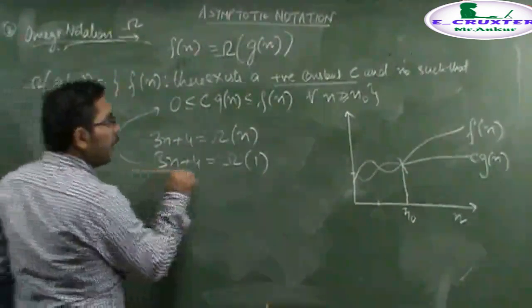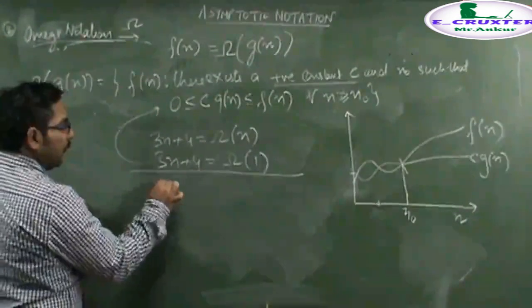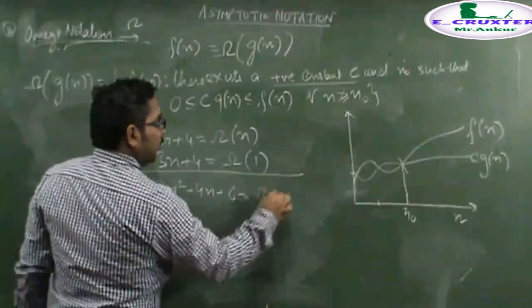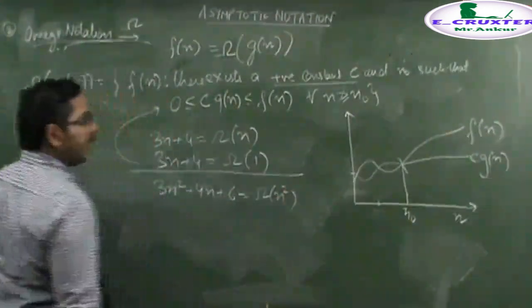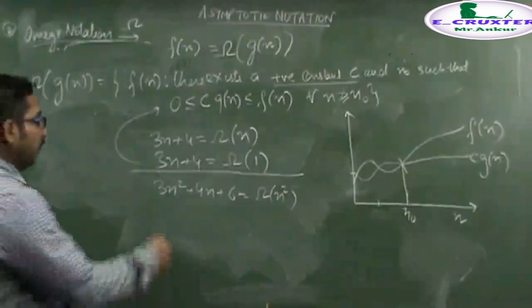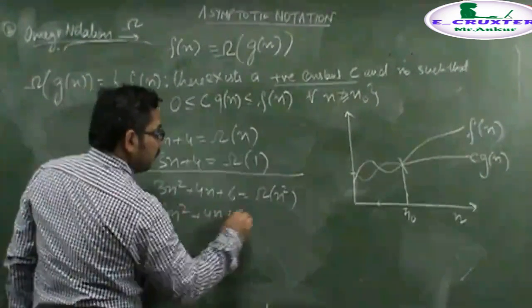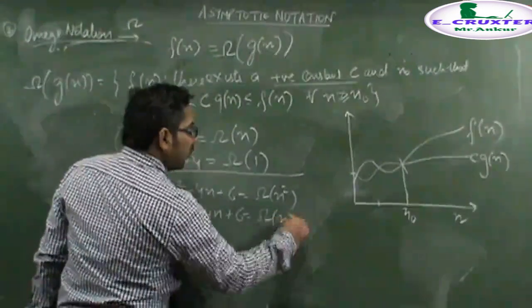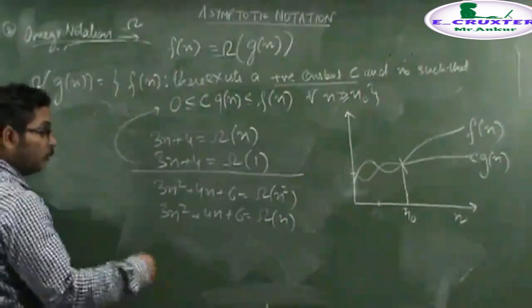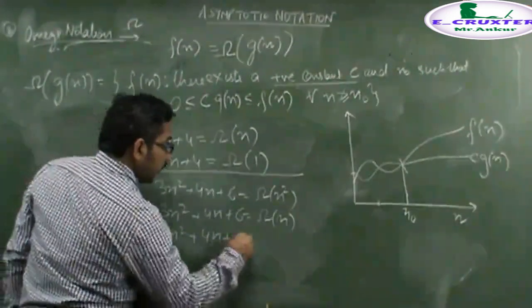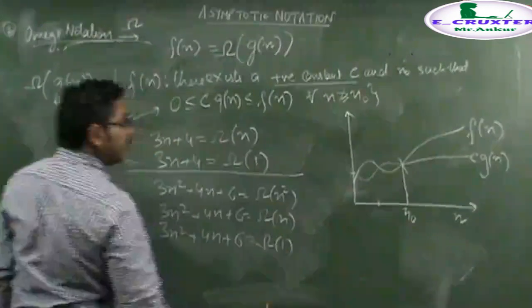If I take, let's say, a quadratic equation, for example 3n square plus 4n plus 6, then omega n square will act as a lower bound for this function. A linear function will also act as a lower bound, and a constant function is also acting as a lower bound.